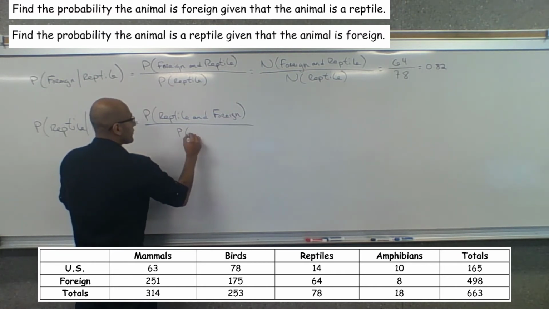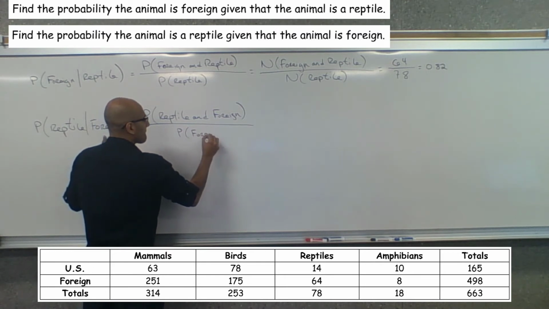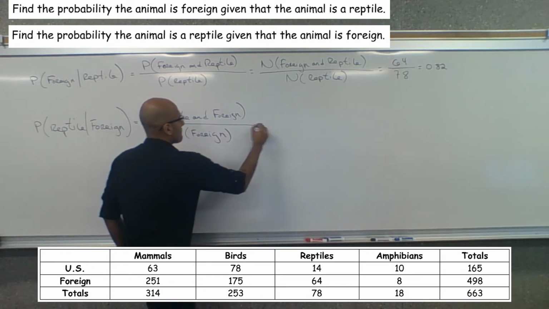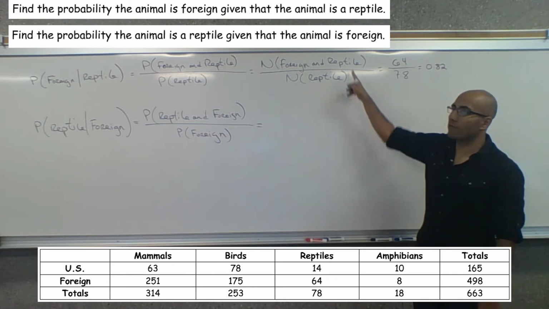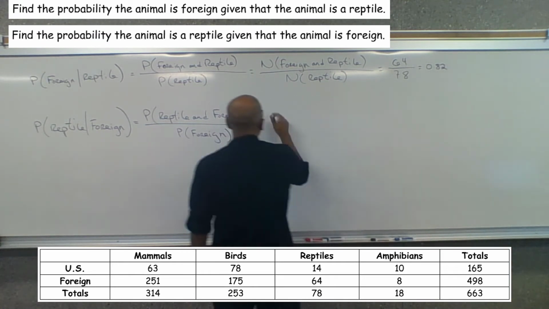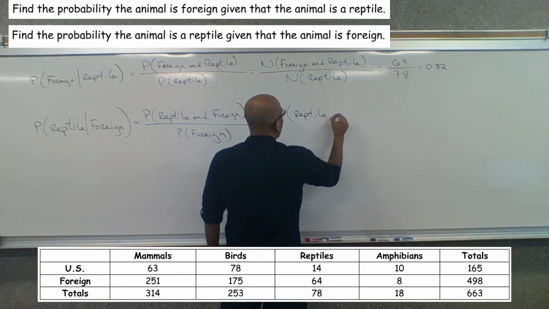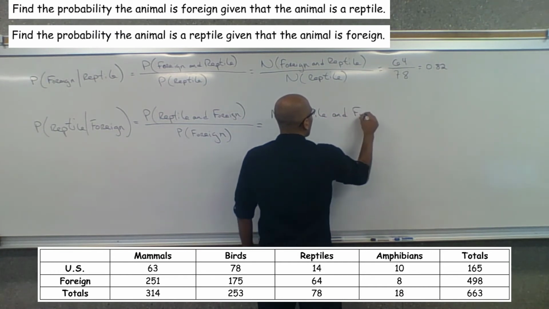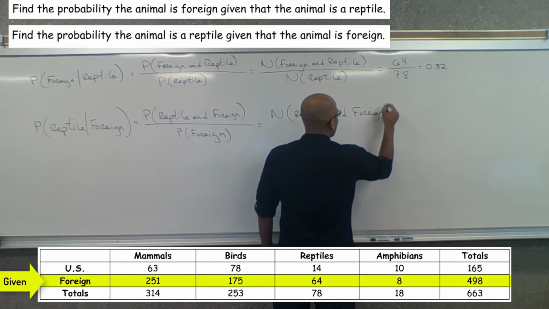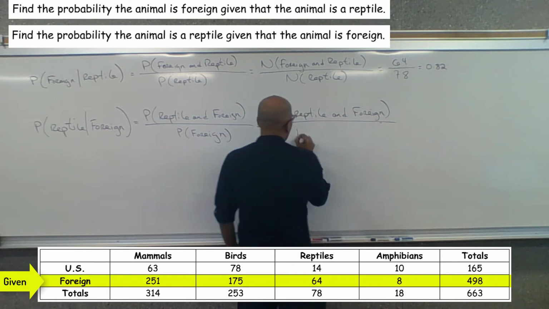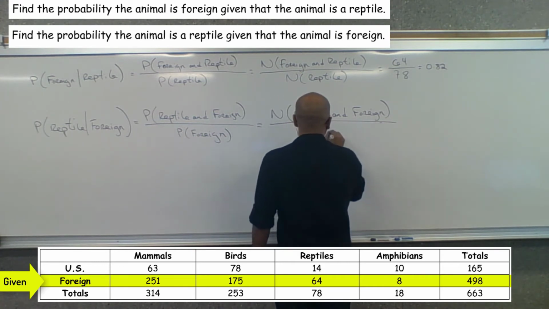I'm sorry, probability that it's foreign. And again, we don't have those probabilities, so we like to use the other version of this, which is equal to the number of outcomes in reptile and foreign divided by the number of outcomes in foreign.